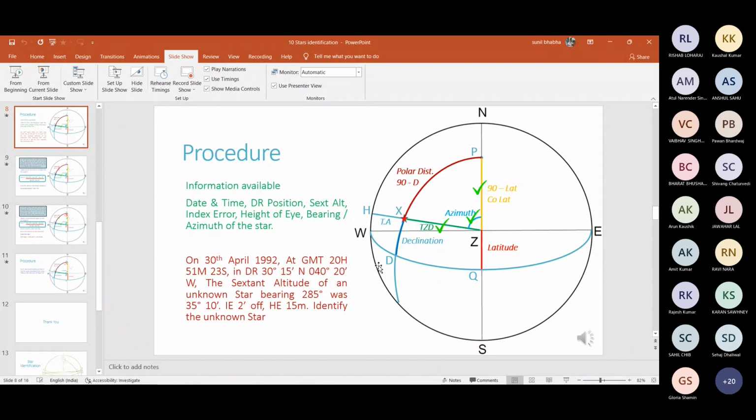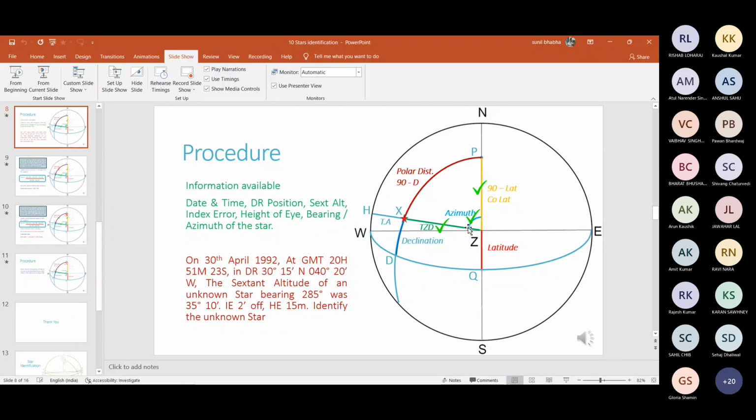We made the rational horizon diagram. We made the PZX triangle in it. And then from the information given in the question, we identified the three items which were known to us. One is side PZ, the colat. We know our DR latitude, so the colat is obtained. Then the side ZX, the true zenith distance. We know the altitude of the body, so true zenith distance can be found.